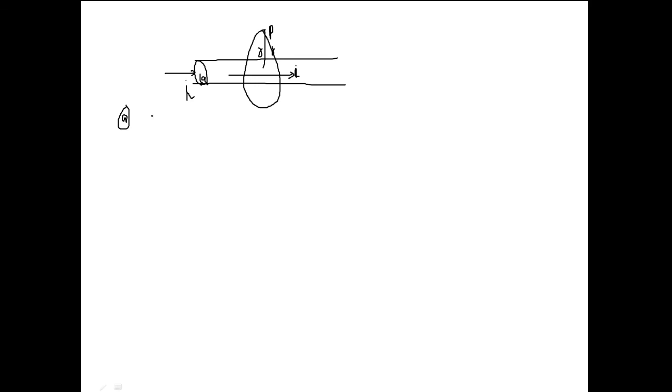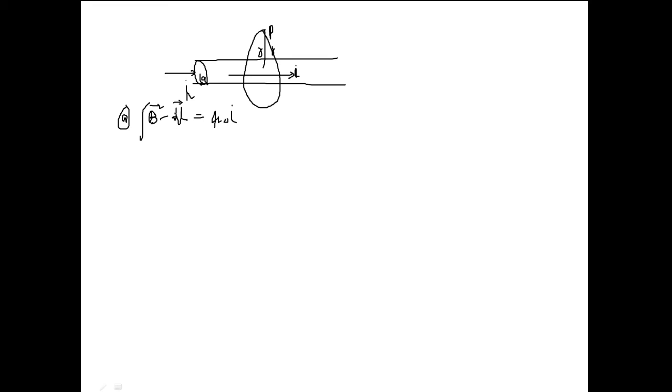and from Ampere's circuital law, the line integral of B dot dl is equal to mu naught times the current enclosed.